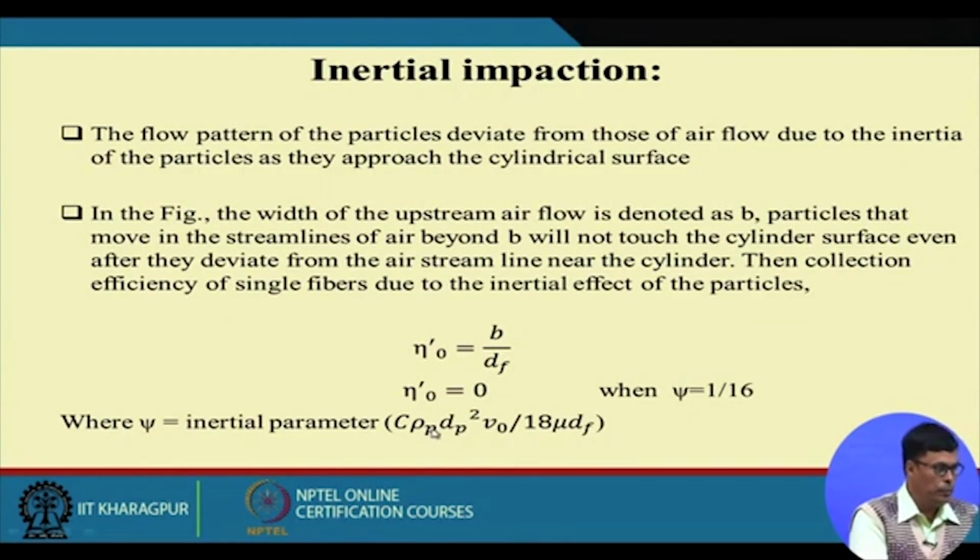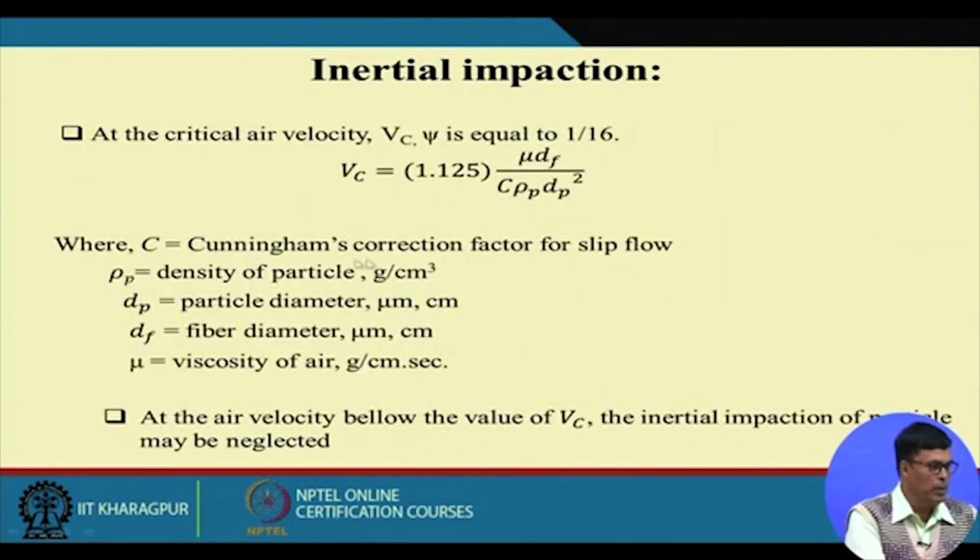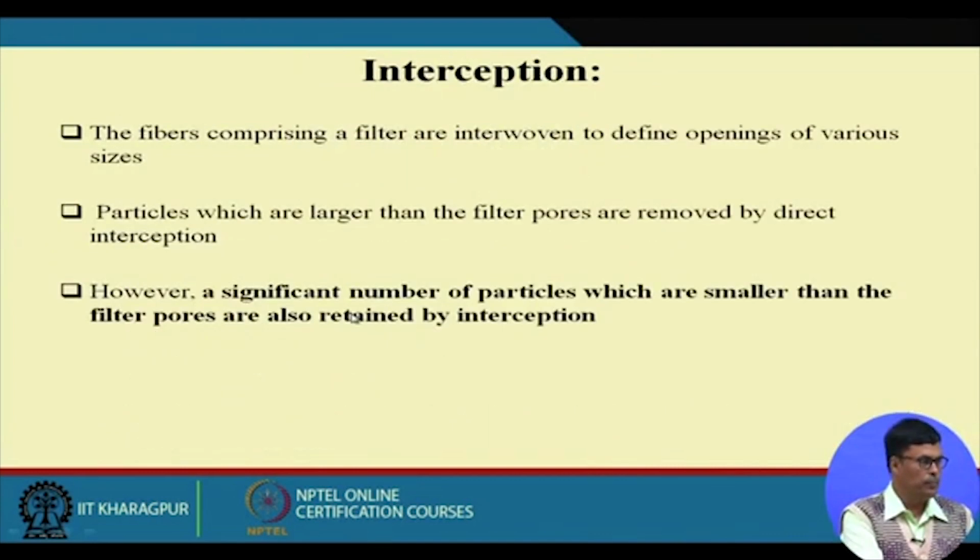C is the Cunningham correction factor, rho p is the density of the particle, dp is the particle diameter, dF is the fiber diameter, and mu is the viscosity of the air. The critical velocity is this one. That means if the velocity is more than the critical velocity, then and only then will your particle be collected through inertial impaction. That is the main thing over here.